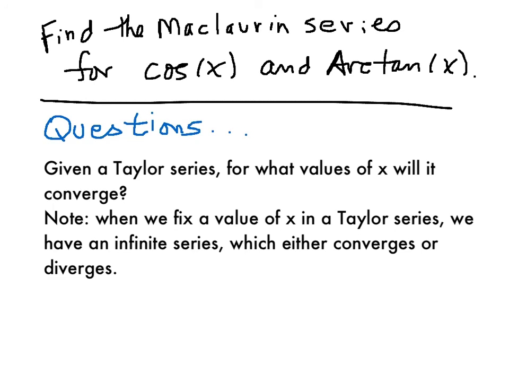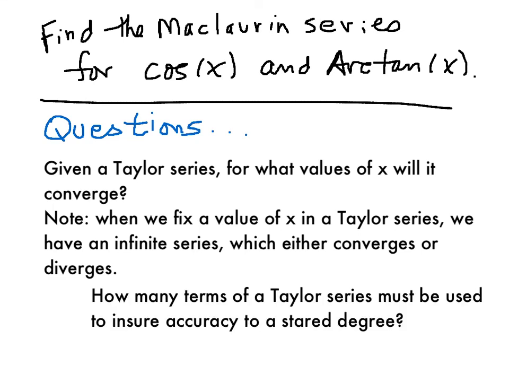And here's an important note. Once you fix a value of x, in other words, stick a value of x into a Taylor series, what we get is an infinite series. And an infinite series is either going to converge or diverge. And we will learn techniques to understand when an infinite series converges or diverges.